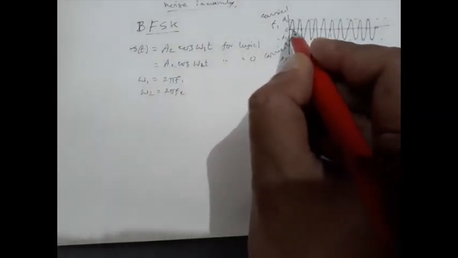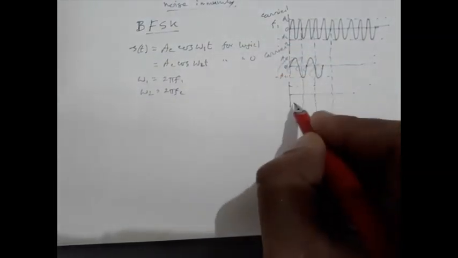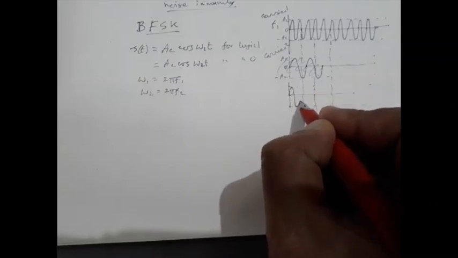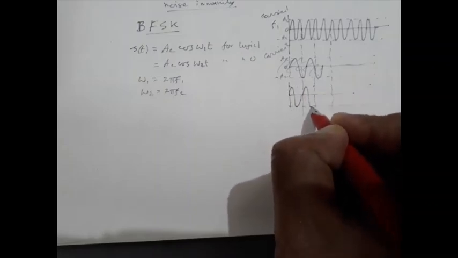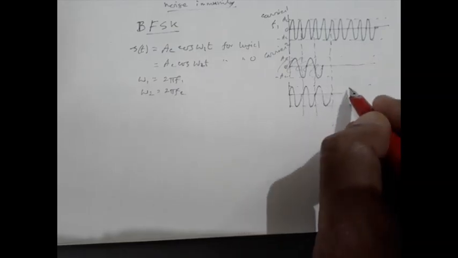So for 2 complete cycles here we have, say, 1 complete cycle. Something like this.